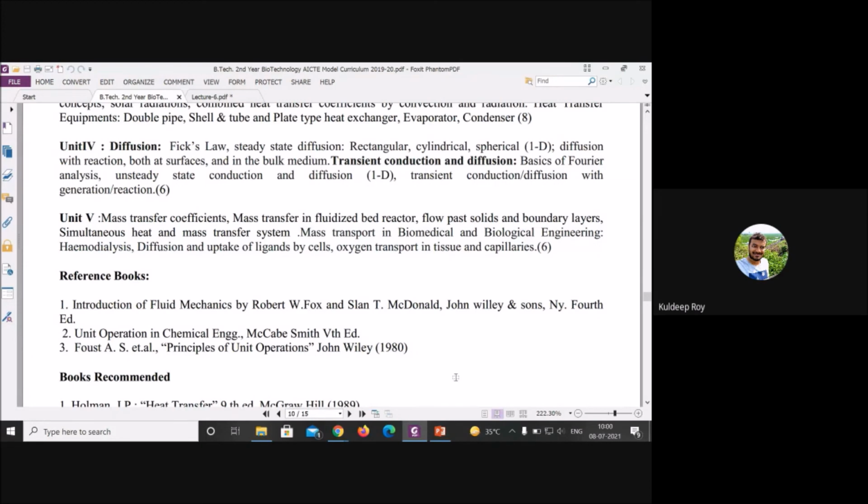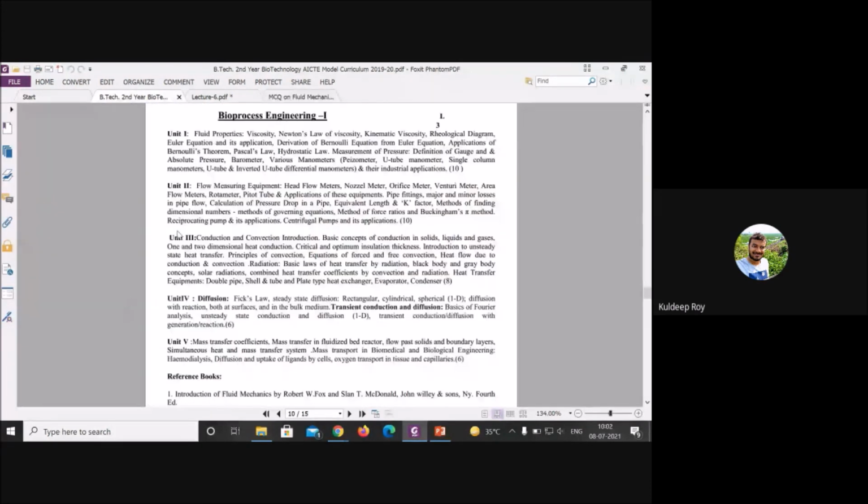These things we have discussed. I have finished each and everything, topic-wise. Not unit-wise, because mass transfer unit 4 is a different thing, and mass transfer 5th, which we have discussed, is related to your biological part. So I have finished each and everything.